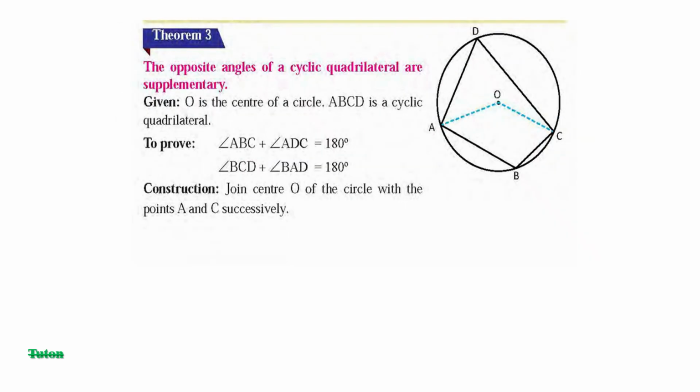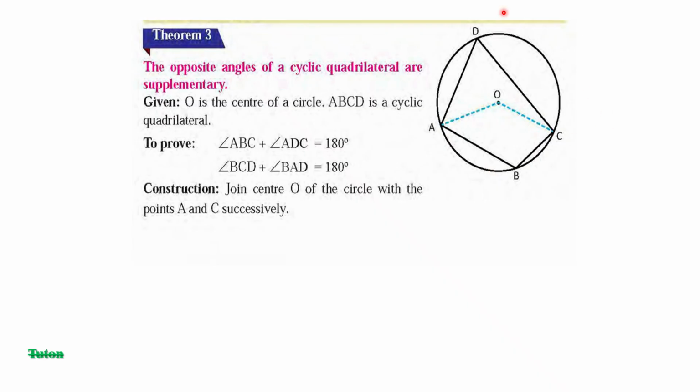Now moving on to theorem 3, it suggests that the opposite angles of a cyclic quadrilateral are supplementary. By saying supplementary, it means that we have to prove that the opposite angles of a cyclic quadrilateral sum to 180 degrees. Here a quadrilateral is a shape having 4 sides. A cyclic quadrilateral in particular means that all 4 vertices of the quadrilateral touch the circumference of the circle, as suggested by this quadrilateral in this circle ABCD.